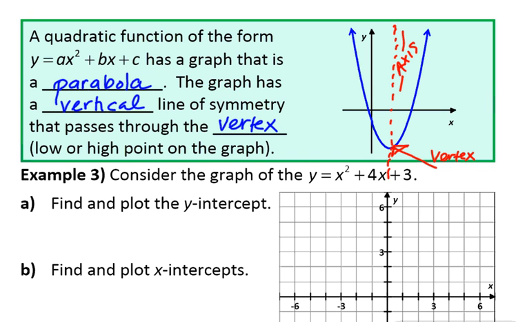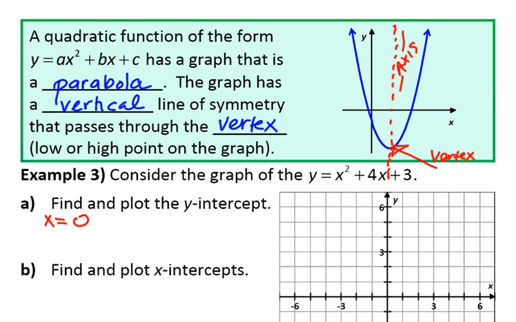Now we're going to talk about a few other characteristics of a graph. One of them that we talk about is the y-intercept. We talked about the y-intercept of lines when we studied lines. We'll talk about also the y-intercept of our parabolas. So remember that to find a y-intercept, that is the spot where x is going to be equal to 0.